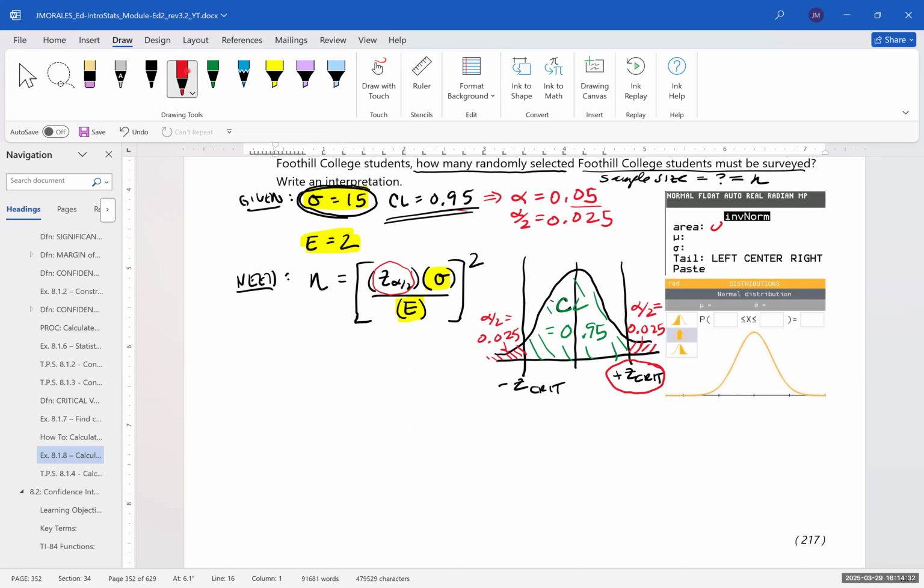So we're going to have an area of 0.025, mean of 0, standard deviation of 1, on the right. By choosing on the right, we're going to have a positive z-score. With the NumWorks calculator: mean of 0, standard deviation of 1, area to the right, and an area of 0.025. All right. So let's do that really quick.